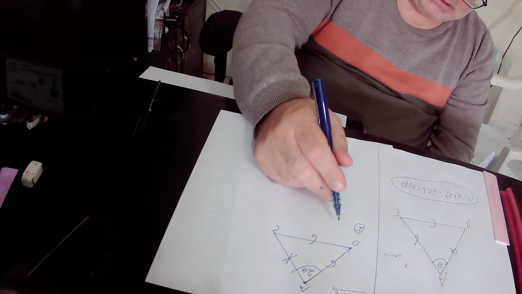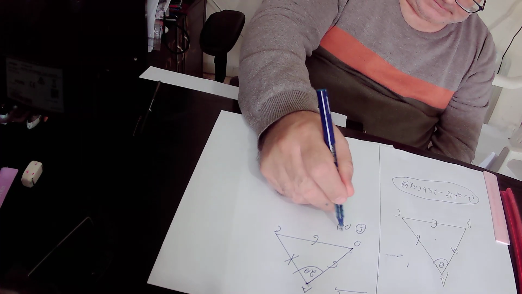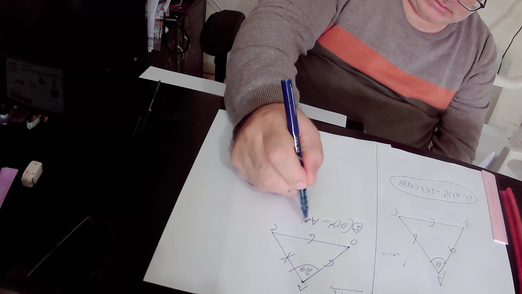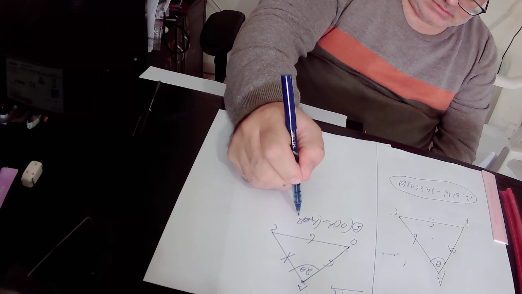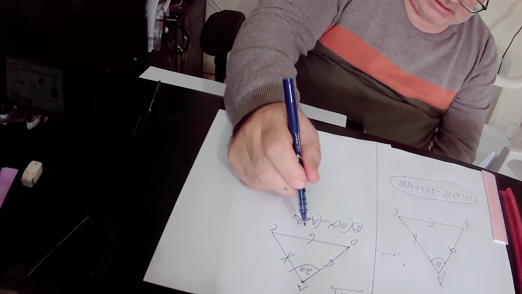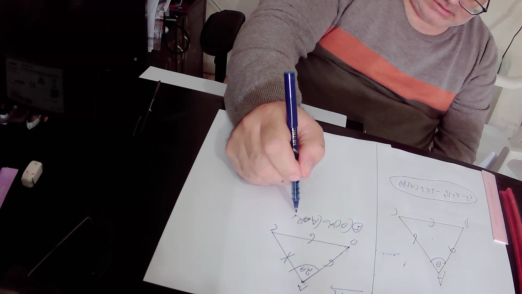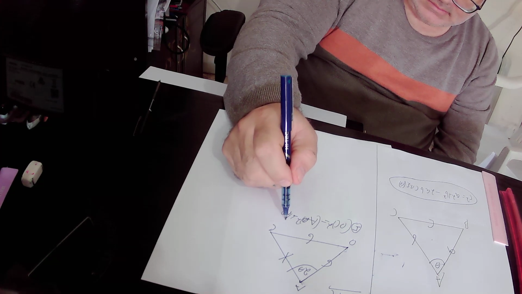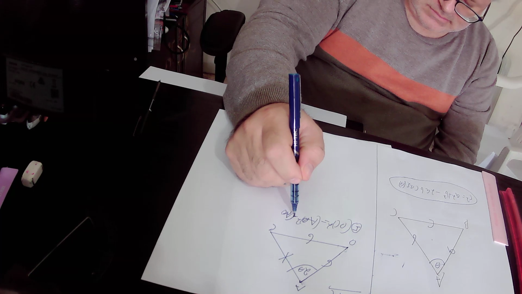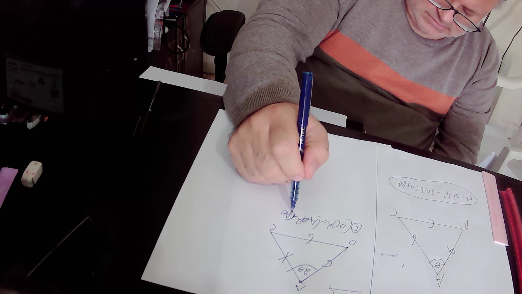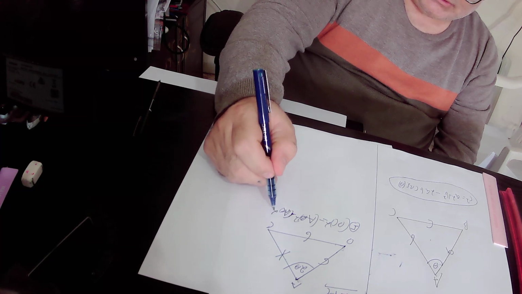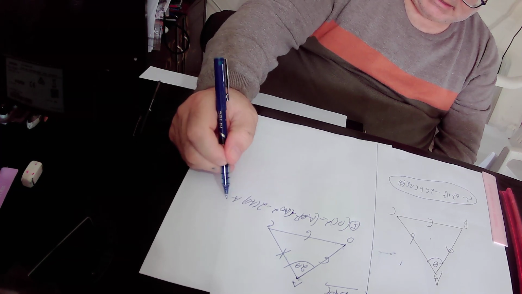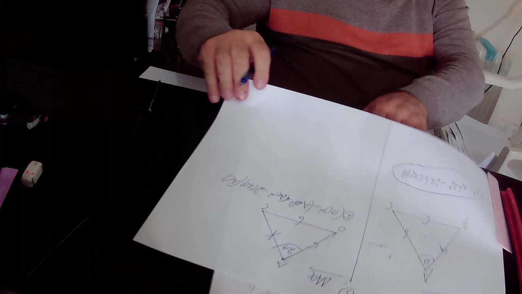We get that OC squared equals AO squared plus AC squared minus 2 times AO times AC times cosine 2 theta.